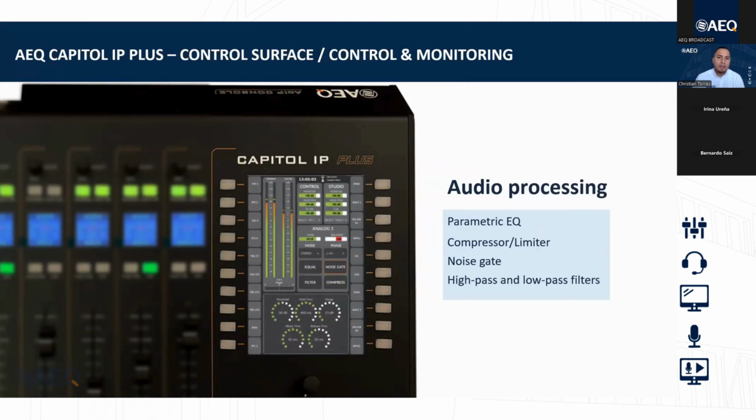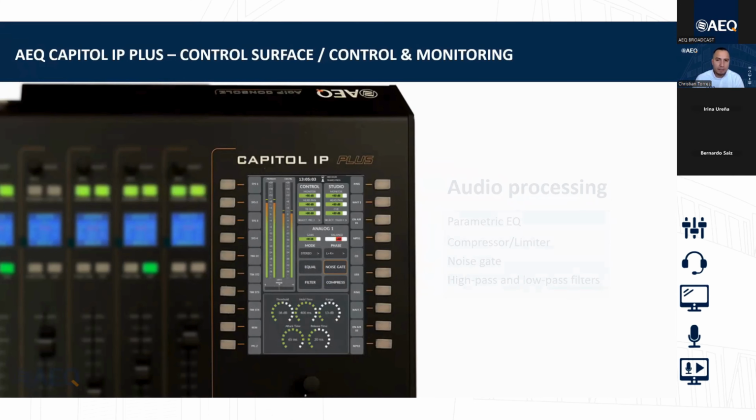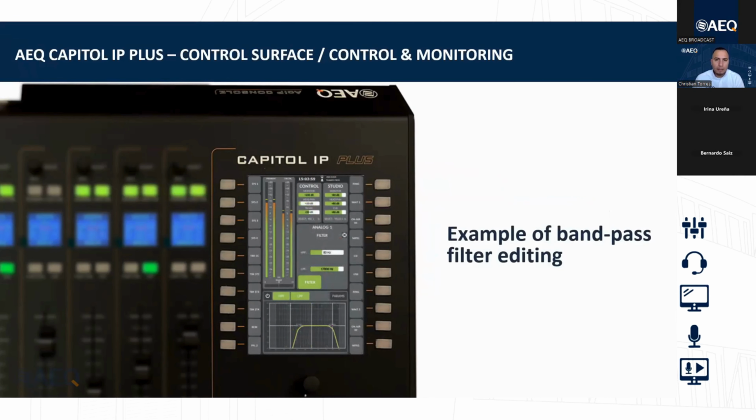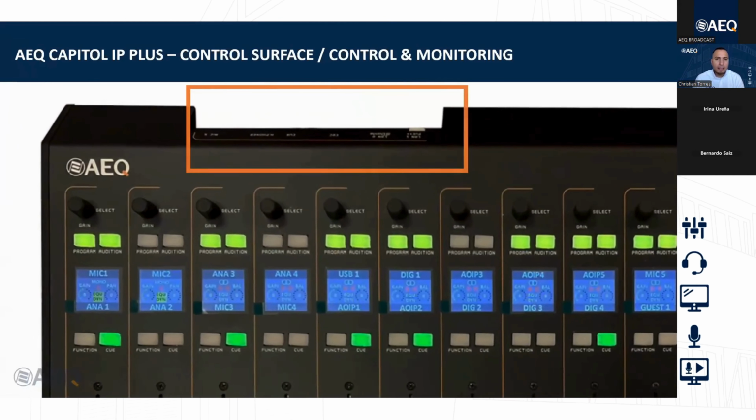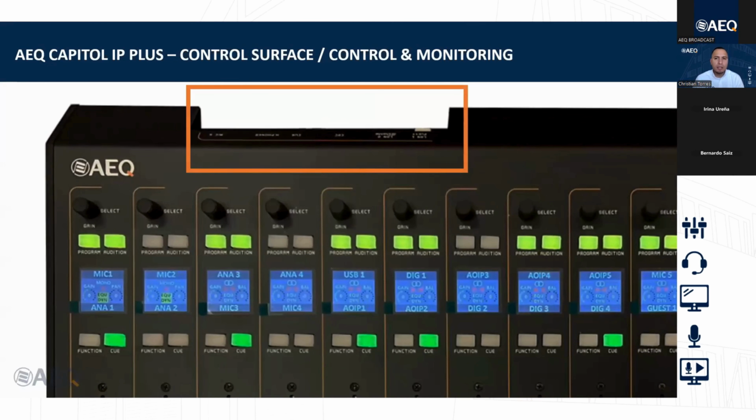It's possible to change the noise gate, the limiter for the compressor, and the high pass and low pass filter. In this case, it is a little example of band pass filter editing. And in this section is the physical connection, or the back part of the control surface.